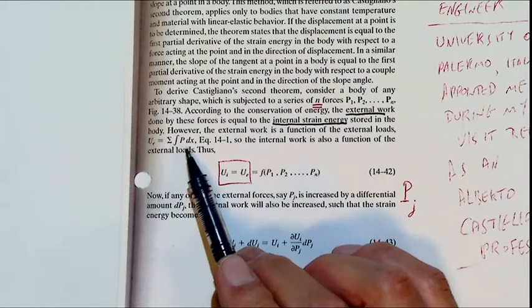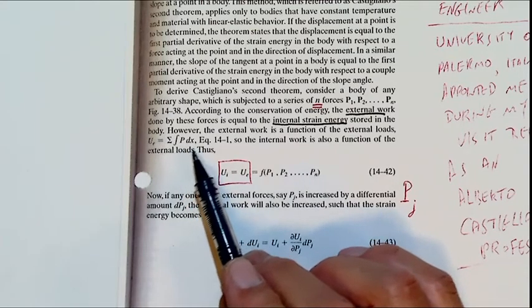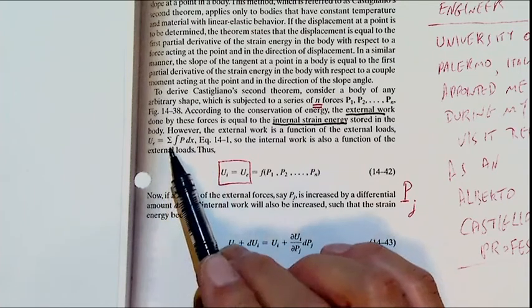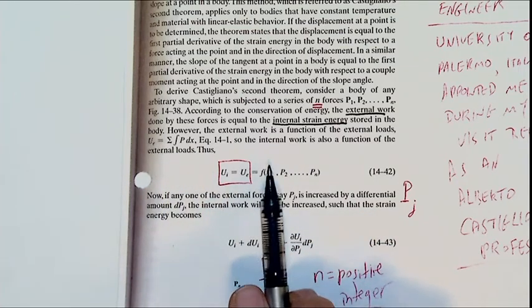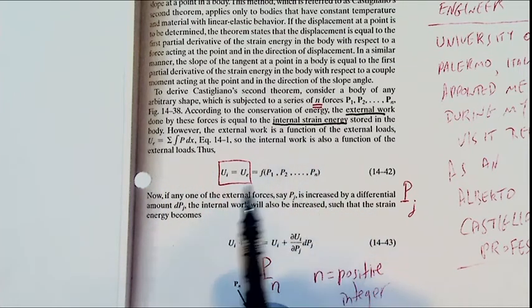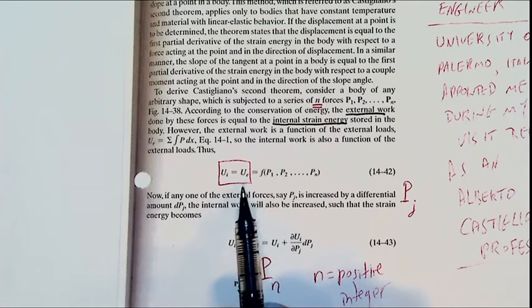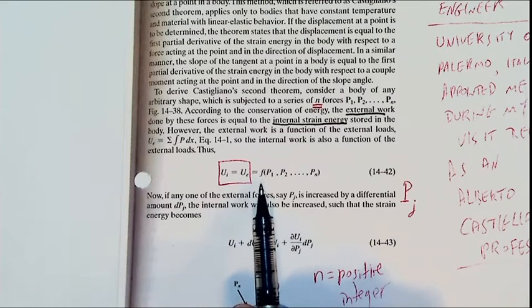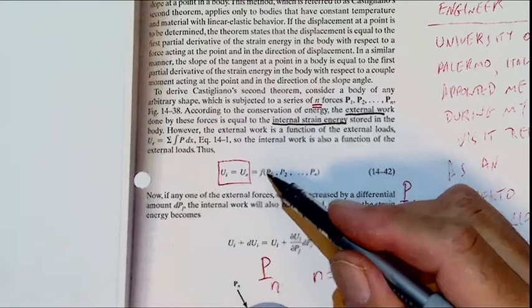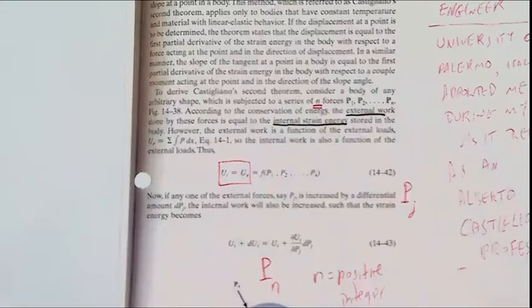Loads are acting upon appropriate displacements, and then summation. So internal work is also a function then of the external loads. U sub I equals U sub E, external, and that is a function. We don't know which function. It depends on the problem. In every problem, there is a different function. F of P1, P2, P sub n.